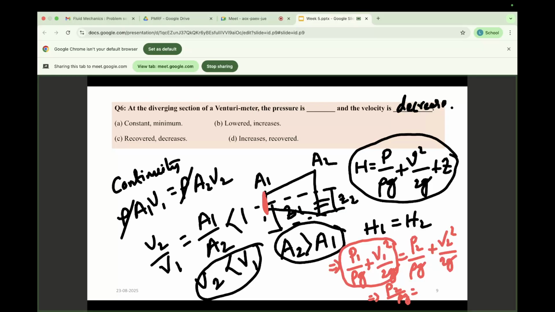Remember, if the velocity decreases, the kinetic energy decreases, at the expense of which the pressure energy increases, or recovers. So the correct option is option C.